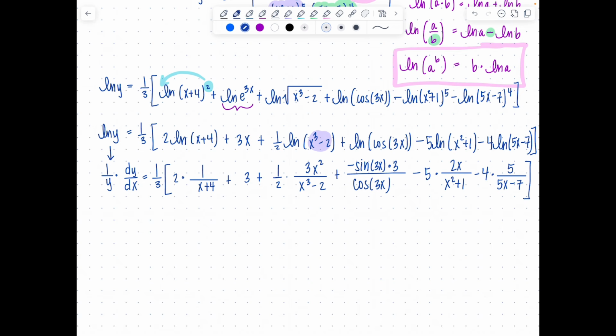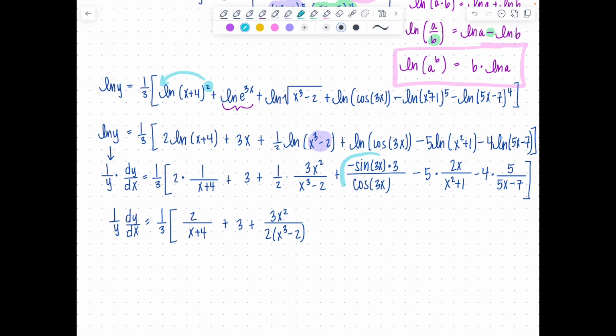We're almost there. So we have 1 over y dy/dx equals 1/3. Now just write this all together nicely, like 2 over x plus 4. Don't leave it floating around in the wild. Plus 3 plus, I would put 3x squared over 2 times, just put some parentheses. I wouldn't multiply that out.